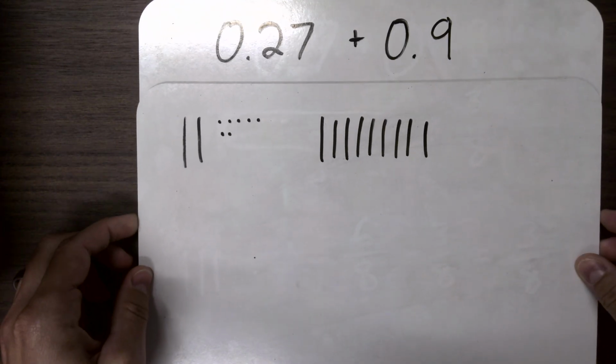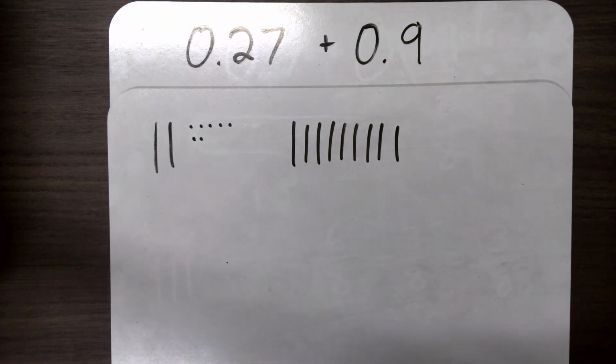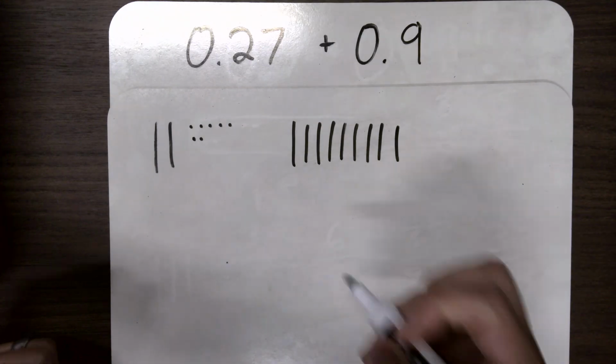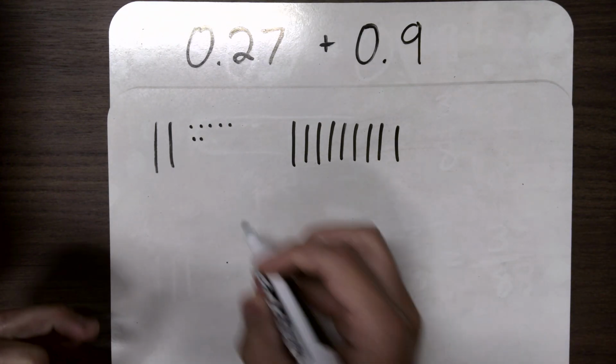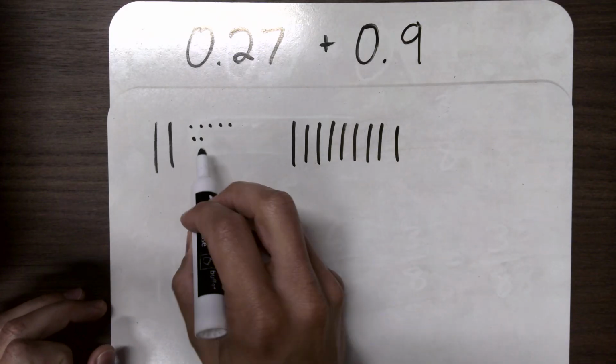And now the representational model. These will be drawings that go along with the base 10 blocks as one option we can use for a representational model. Since we want to add these together, we want to combine these.